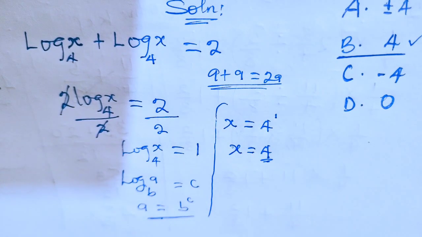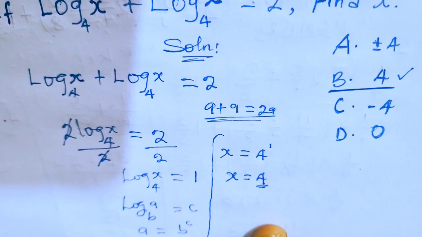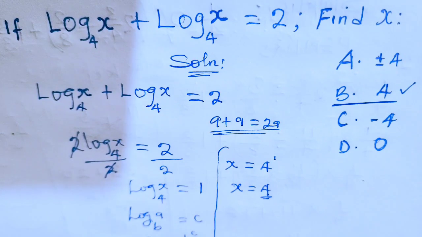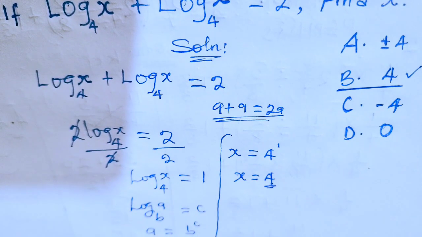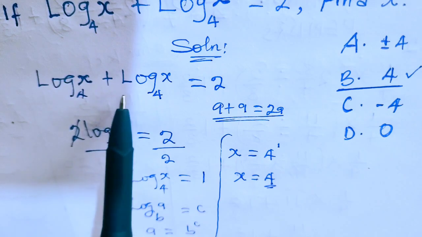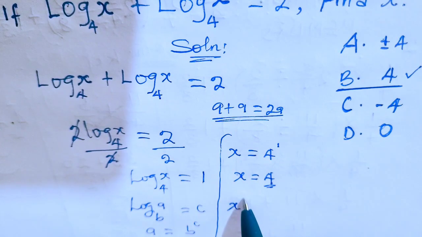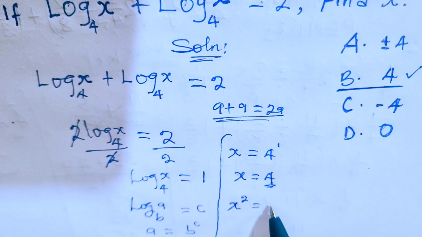If we check it the other way around, from this equation now, if you want to apply the product rule here, this equation will transform and we have something of this nature, that x squared equals 16.